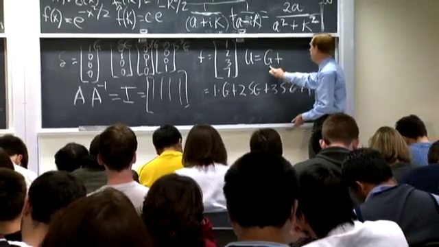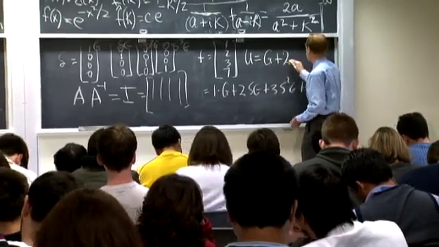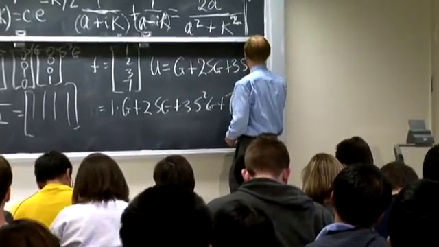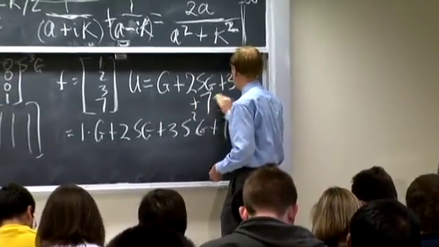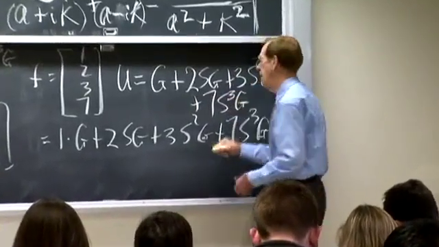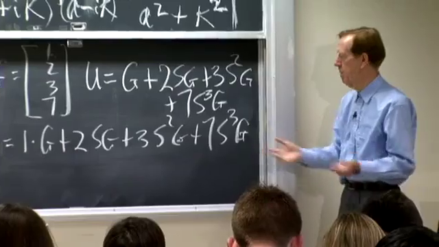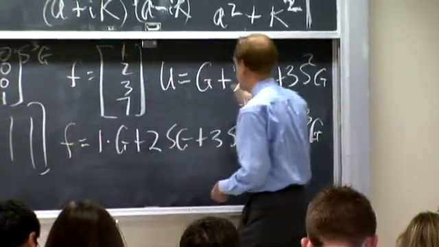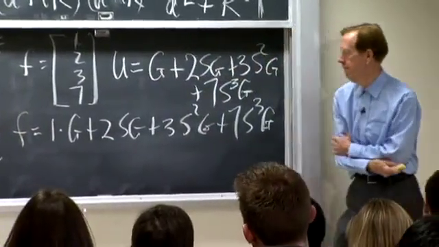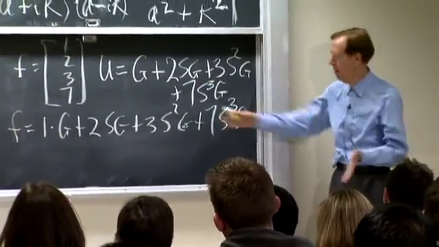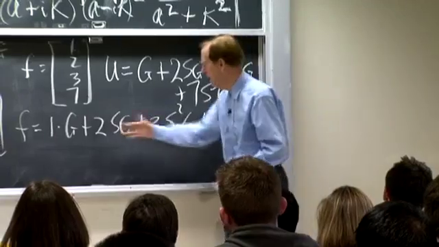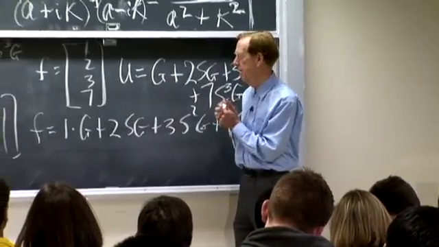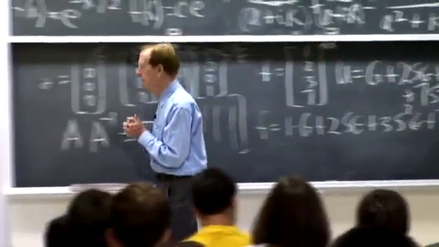So I have G, twice the shift of G, 3 times the double shift of G, and 7 times the triple shift of G. By linearity, by superposition. If this is my F, this is my U. Everybody's with me here, right? If I take a combination of F's, the answer is the corresponding combination of G's. Okay, good.